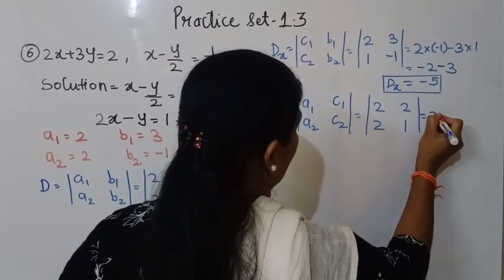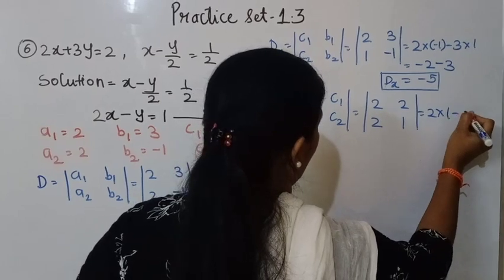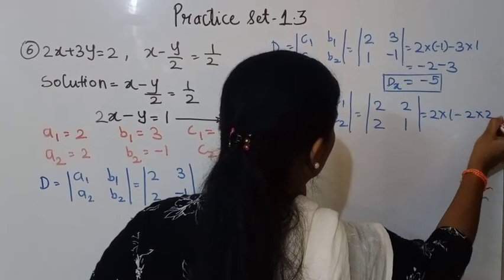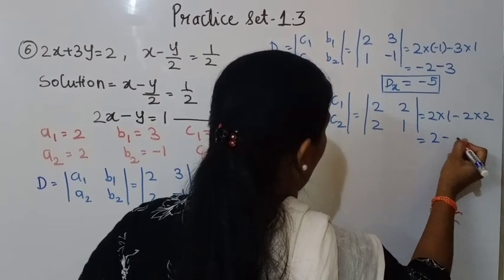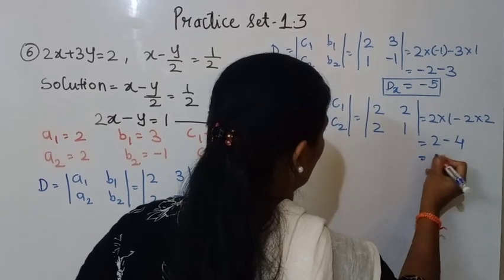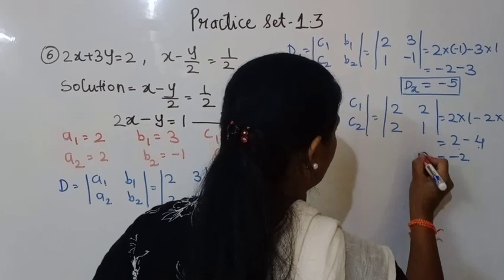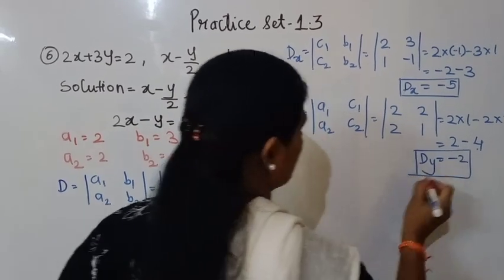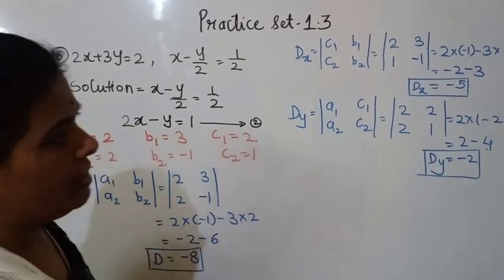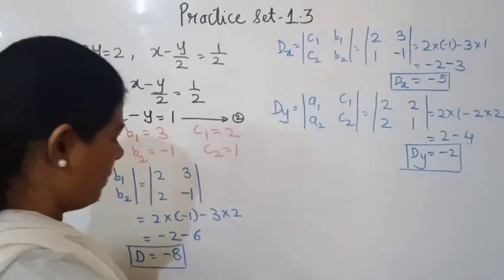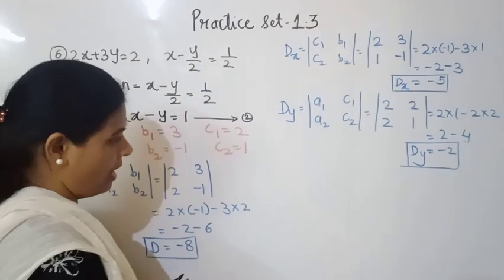We'll cross multiply, 2 into 1 minus 2 into 2. So 2 ones are 2 and 2 twos are 4. 2 minus 4 will be minus 2. This is the value of dy. So dy is minus 2.